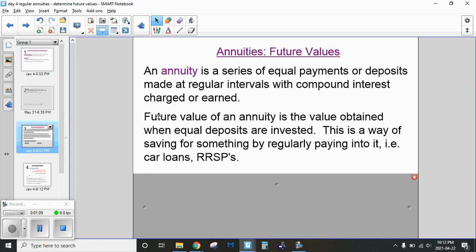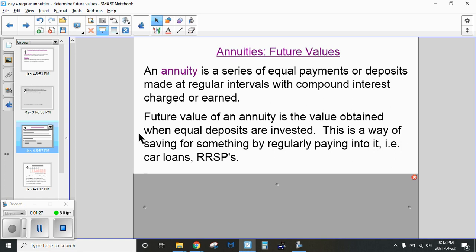And the idea is we put in some money and it's going to earn interest. And we're going to put in some more money, it's going to earn interest. If we add all of that together, we'll find the future value of the whole annuity. This is a way of saving for something by regularly paying into it.